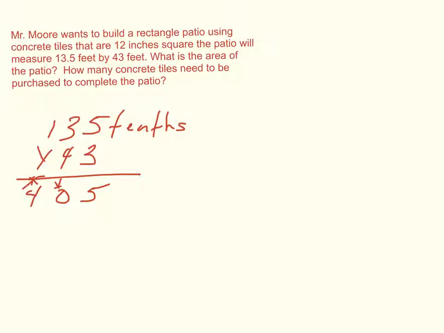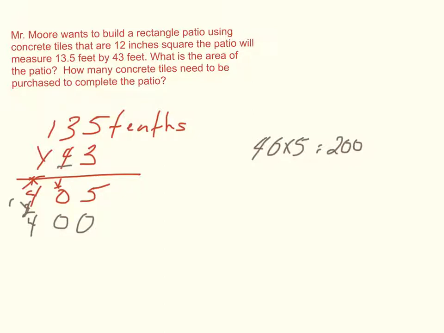And then we go to our 40, so we have 40 times 5. That's right, 200. And then 40 times 30, which is 1,200, plus 2 more 100, which gives me 1,400.